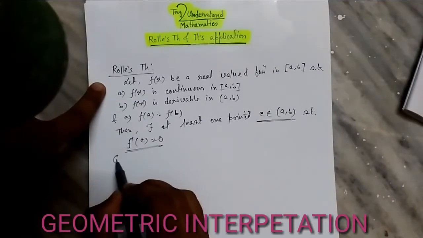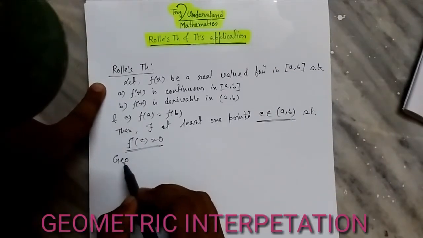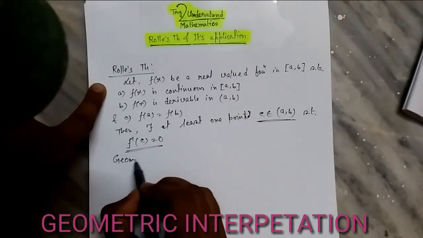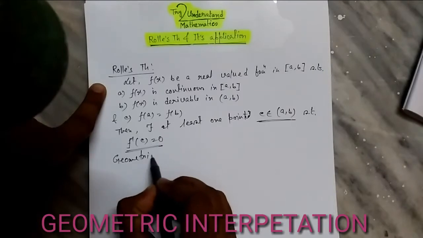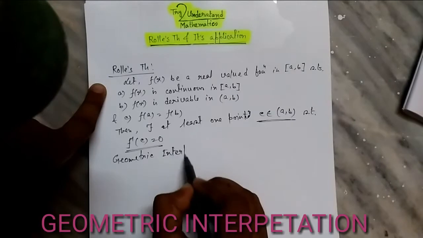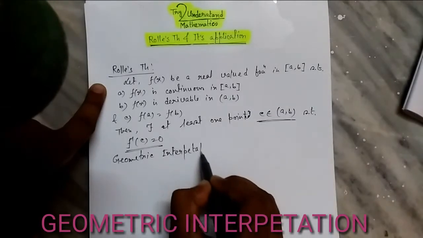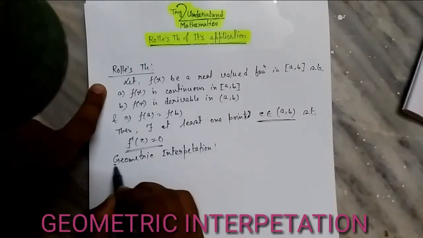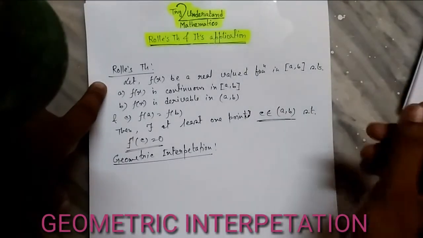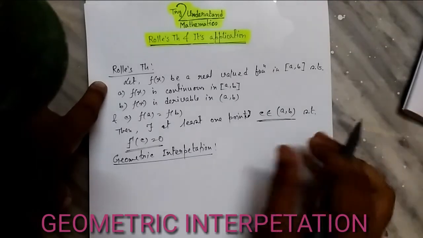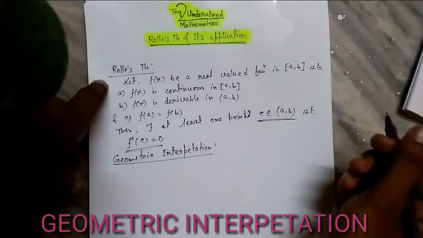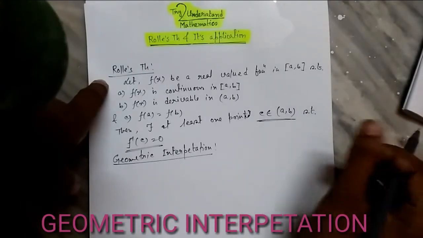Now, what is its geometric interpretation? We know the derivative of a function at a point is the slope of the tangent to the graph of this function at that point.